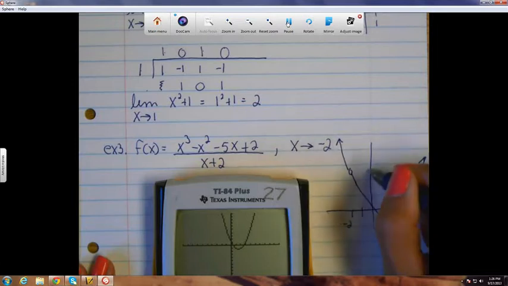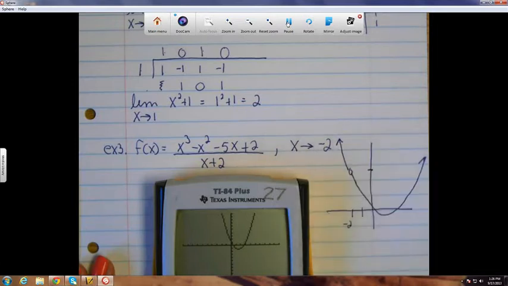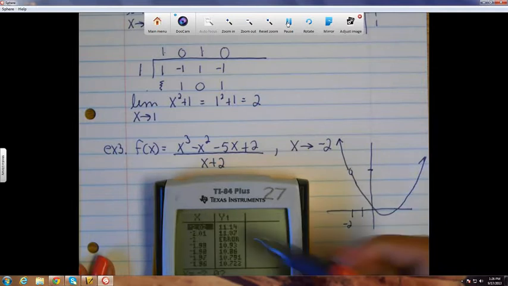Looking for the limit, we'll go to the table. I want the limit at negative 2. Look at the values there to see what I should be getting. Looks like the y values are jumping over 11.